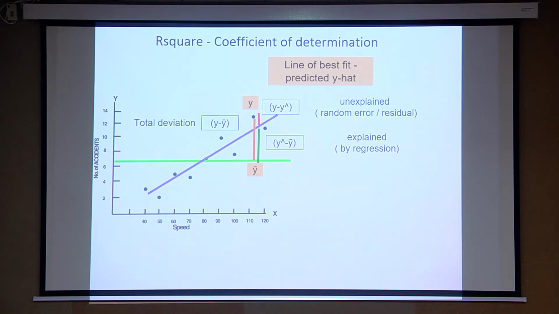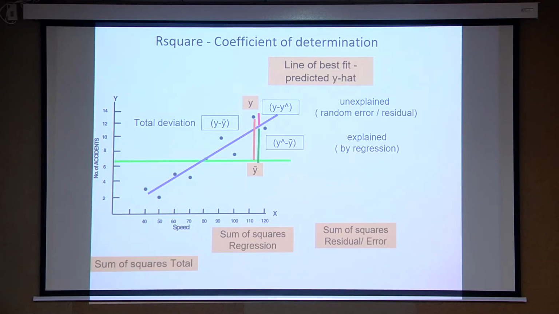So this error is called explainable by the regression, and this error is random error, which is not explained by the regression equation. Now we square them, sum them, and take a mean. The squares, if you add, will come to the sum of squares total.